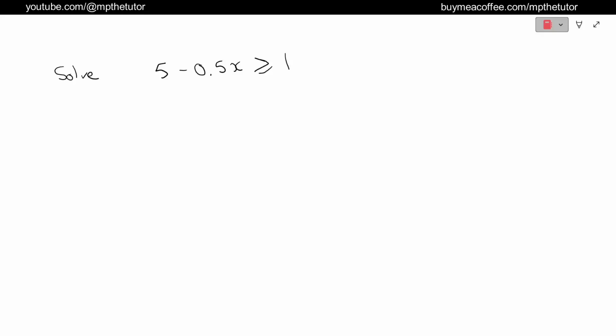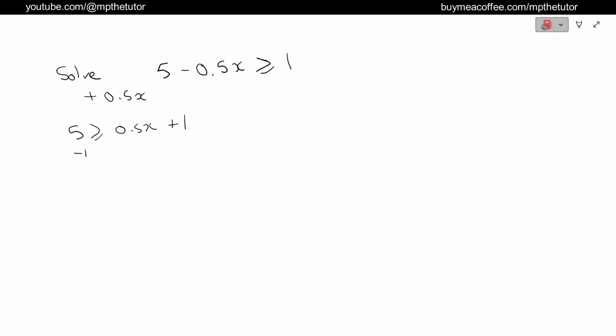So let's have a little look at this one. Here I have 5 minus 0.5x is greater than or equal to 1. Now, there's a couple of ways you can go about this. I'm going to add 0.5x to both sides. So you have 5 arrow line 0.5x plus 1.